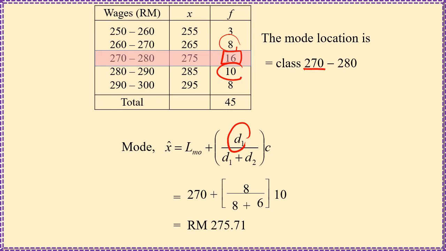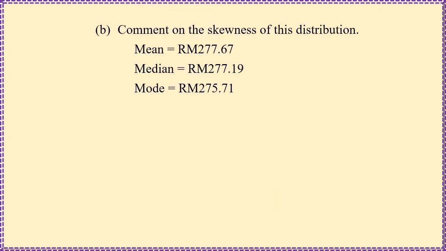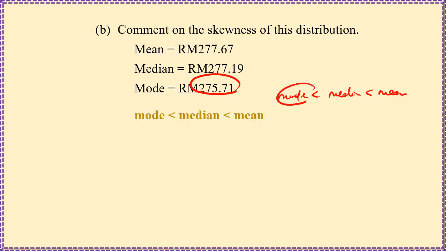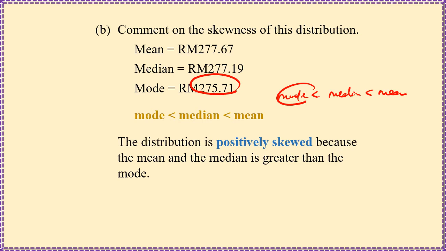Now we have answered part A. How about part B? Comment on the skewness of this distribution. We need to know the value of each of the mean, median, and mode. From here, we can see that the mode is the smallest one. So we can say that the mode is smaller than the median, which is smaller than the mean. In this case, it will be positively skewed.